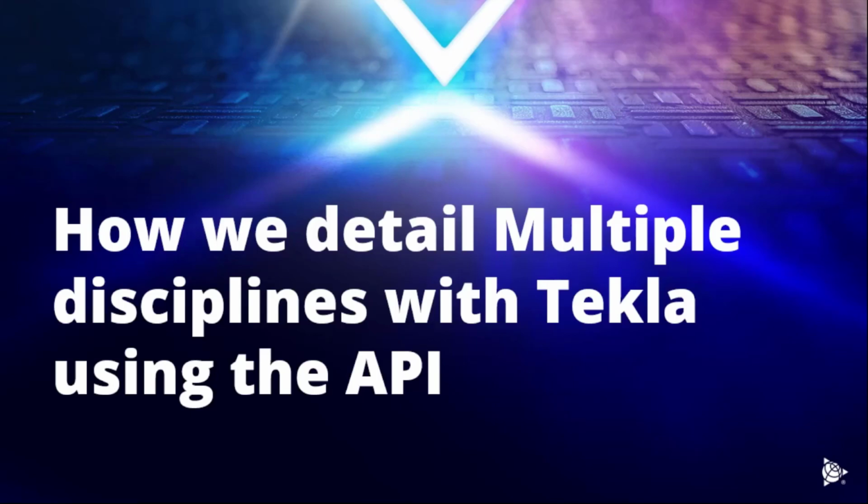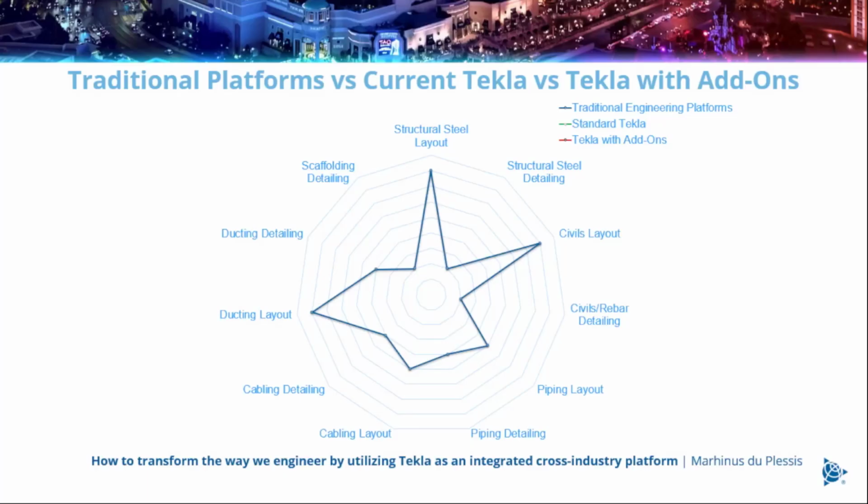So how do we detail multiple disciplines with Tekla using the API? Traditional platforms, as you can see in the little blue section over there, are pretty good at doing the layouts of structural steel, civil works, cabling, and ducting, but they lack the ability to detail any of these disciplines.